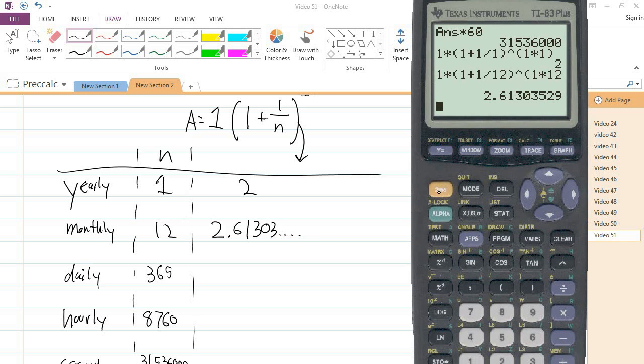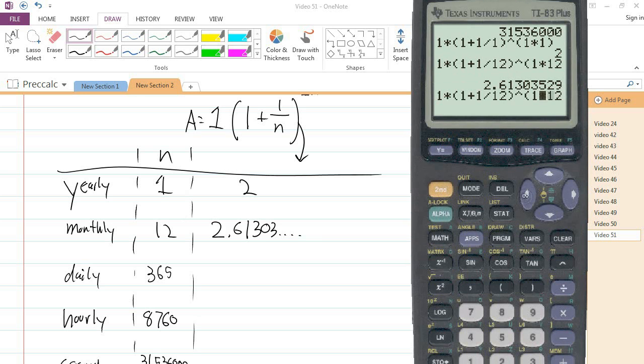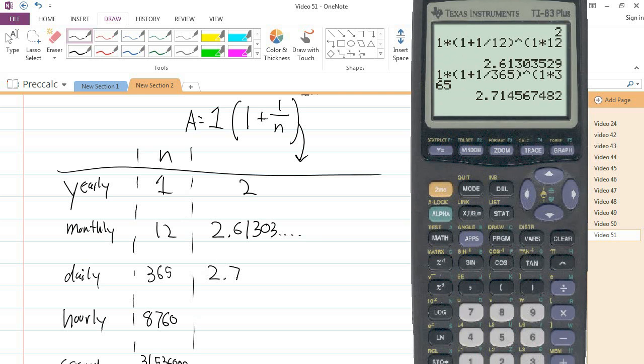Going monthly to daily, 365. Let's change this 12 to 365. Insert 5, and I get 2.714567... I have an extra 1 here. There we go.